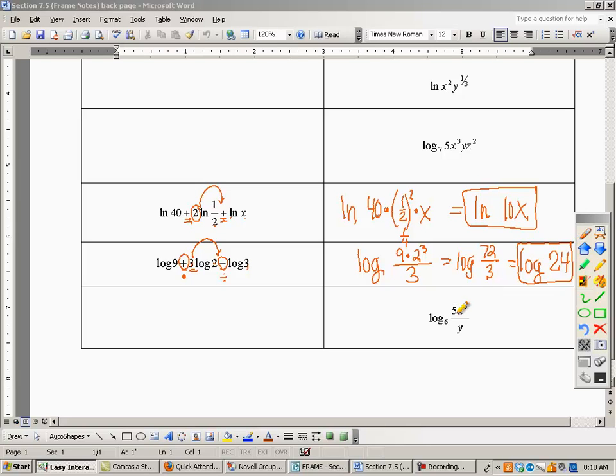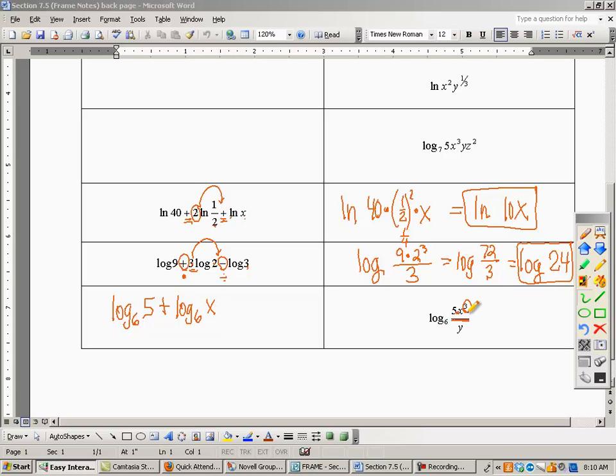Now you'll notice I'm multiplying a 5 and an x, and I'm dividing by a y. So let's start with the multiplication. The log base 6, I have 3 different things, so I'll have 3 different logs, of 5. Multiply means plus the log base 6 of x cubed. What happens to this cubed?